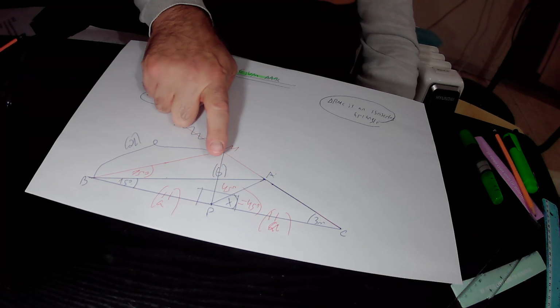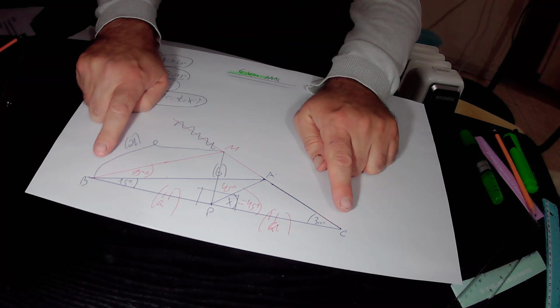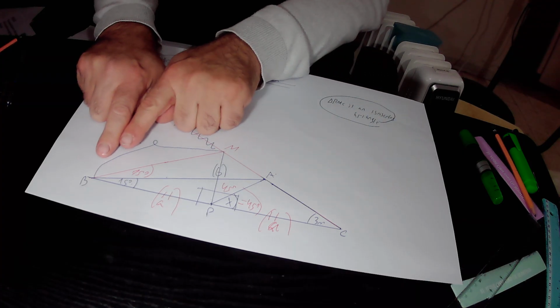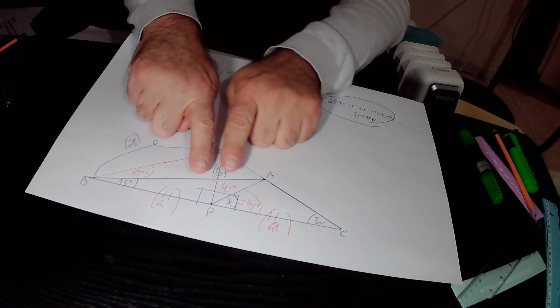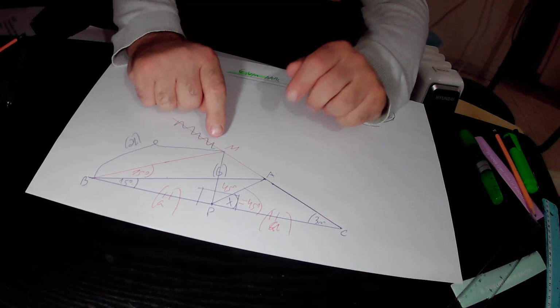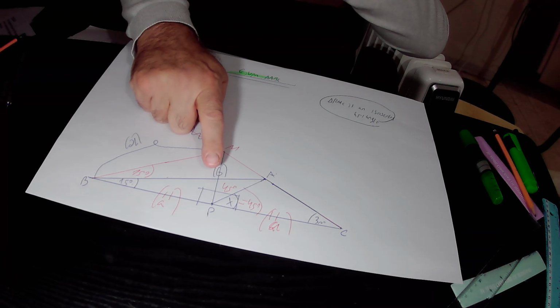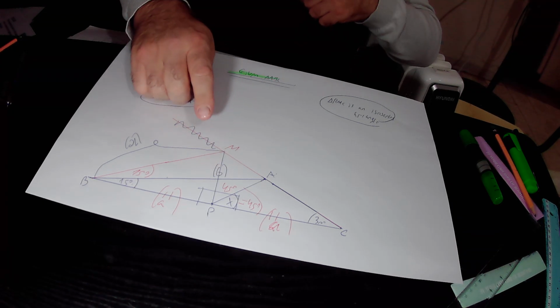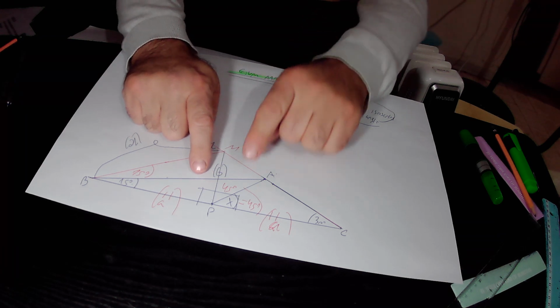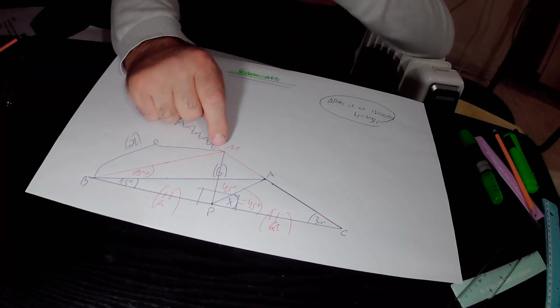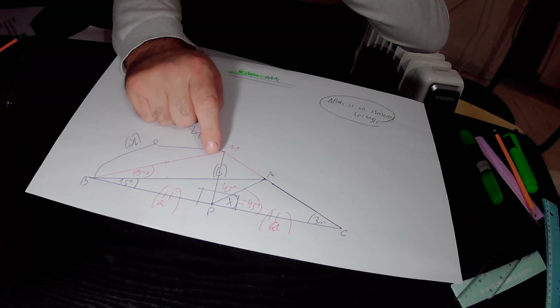Because at point P, the base BC has been bisected. The first half is BP, and the second half is PC. Therefore, the perpendicular from point M to the base BC must touch the base BC at point P, and not at any other point. So this angle equals 90 degrees according to construction, because MP is perpendicular to BC.